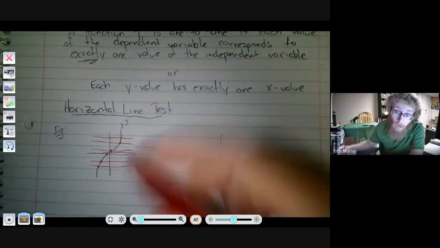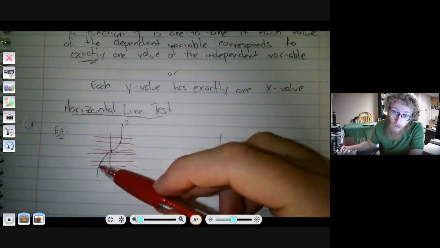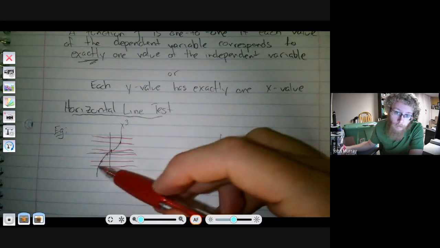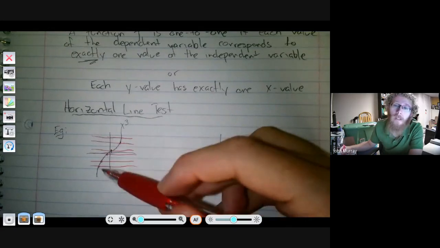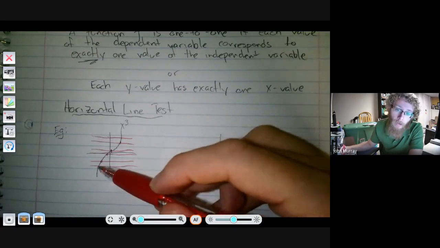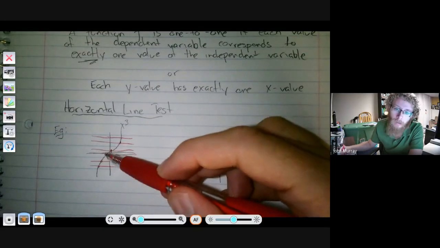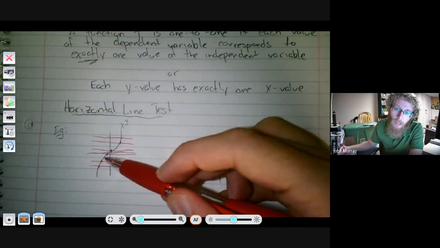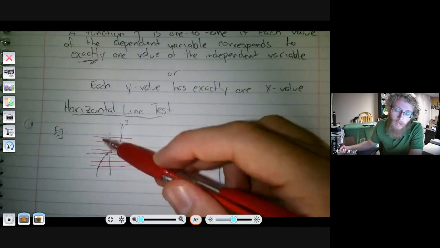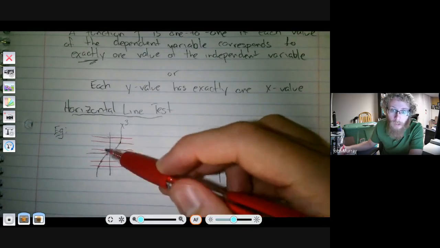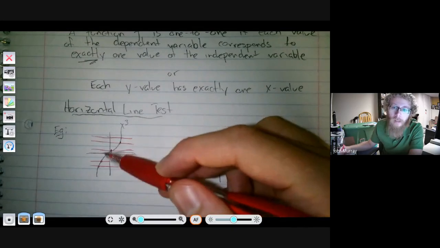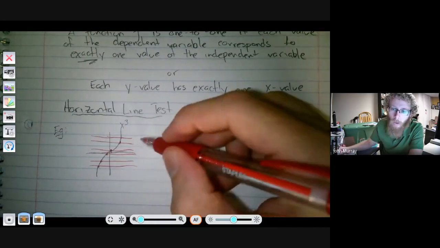Okay, so here, my y value of -8, the only answer that I'm going to get -8 with is if I plug in a -2. If my answer is -1, the only independent variable I can plug in is -1. Okay, so those are one-to-one.